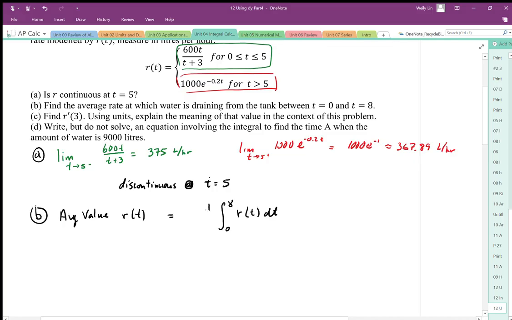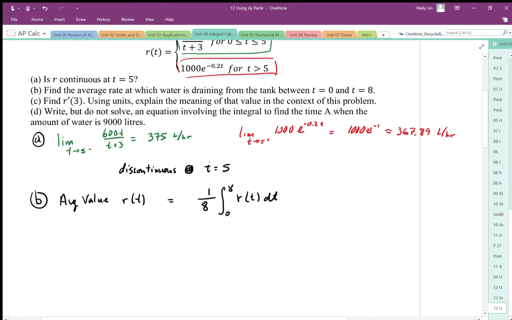And I want to divide that by the interval width, which in this case is 8 hours. So I'm going to find the total amount of liters and divide it by 8 hours. It'll give me the average R value in liters per hour.